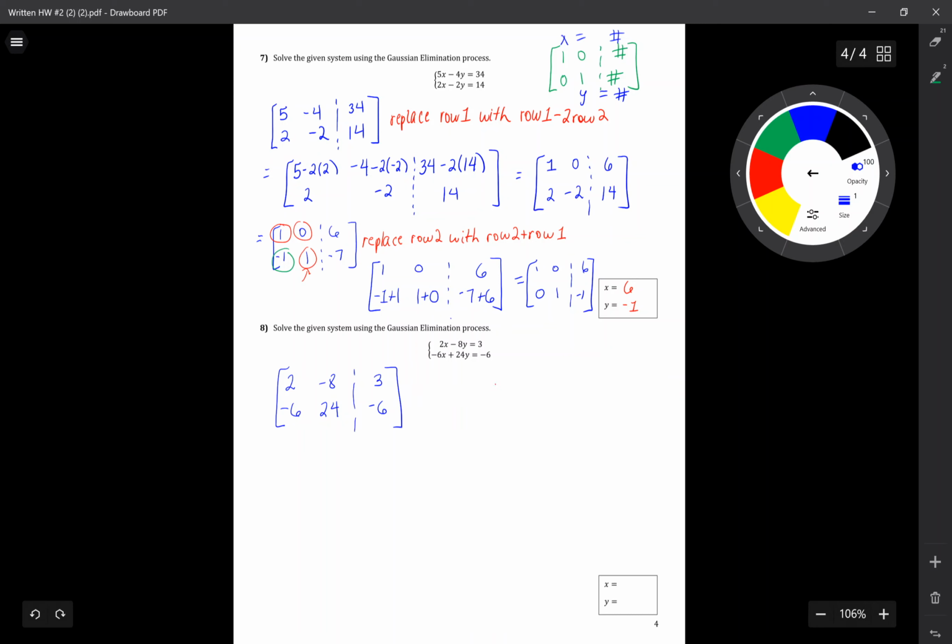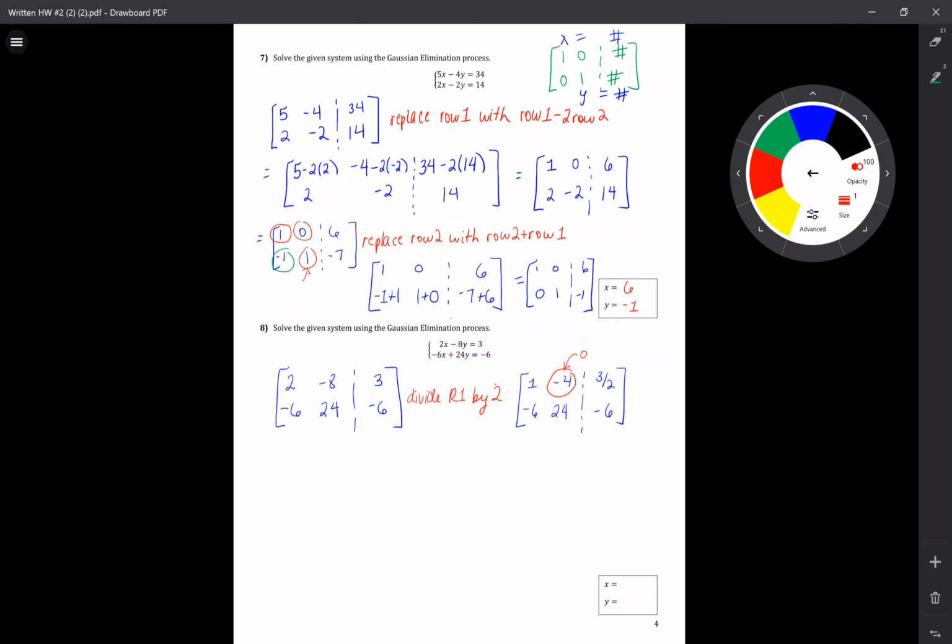So let's see, if I divide row 1 by 2, then I get 1, -4, 3/2, -6, 24, and -6. Okay, so now what I want to do is I want this -4 to turn into a 0.